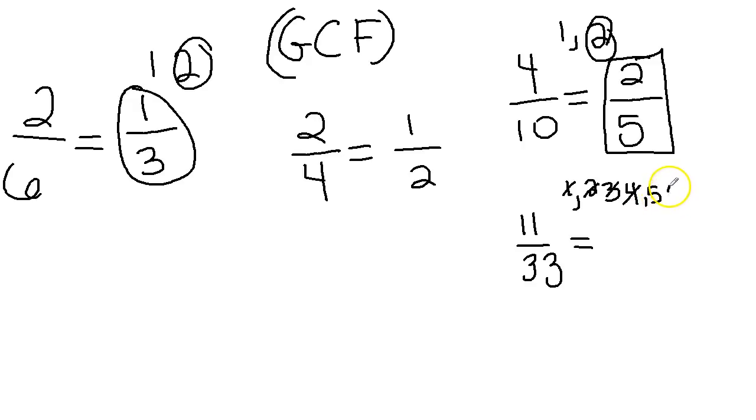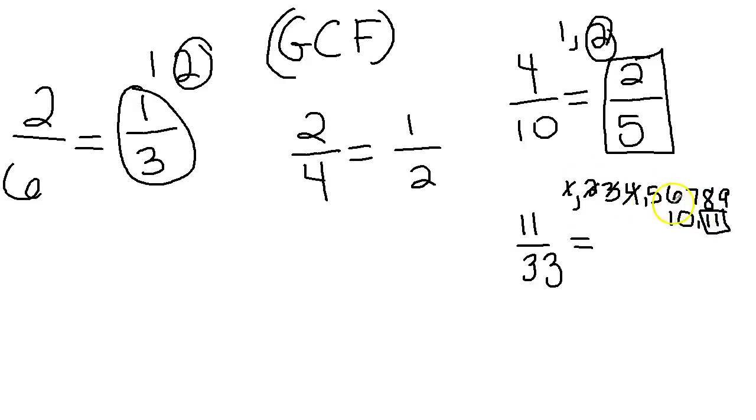5, 6, 7, 8, 9, 10, 11. That's where we're going to stop because our greatest common factor is 11. And if you have to go and count just like this until you get to it, then you can do that.